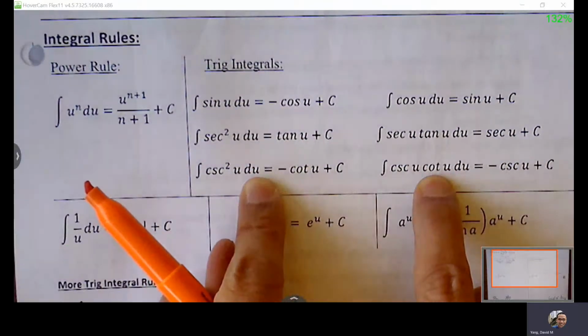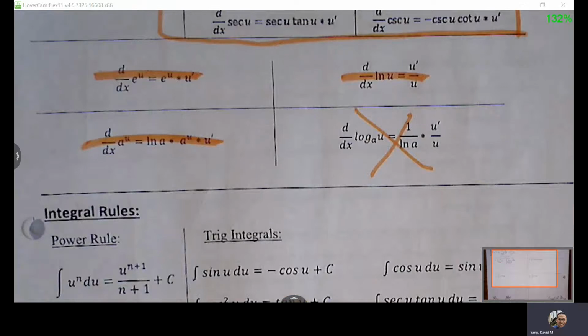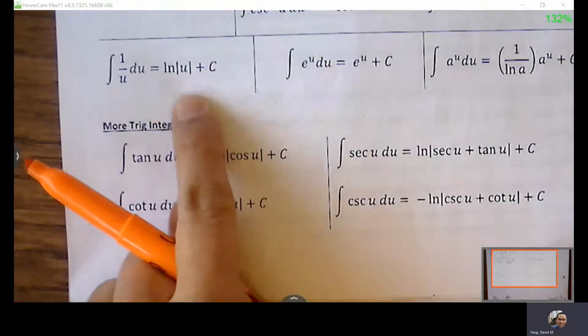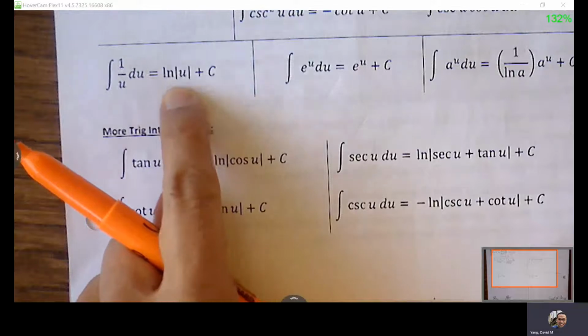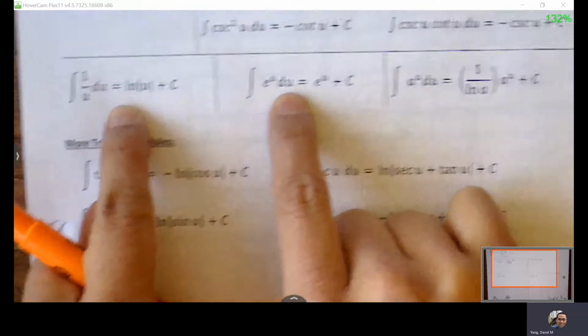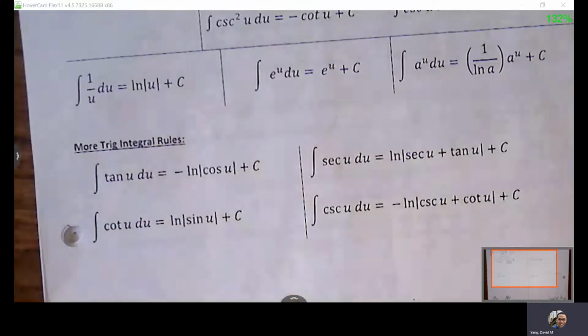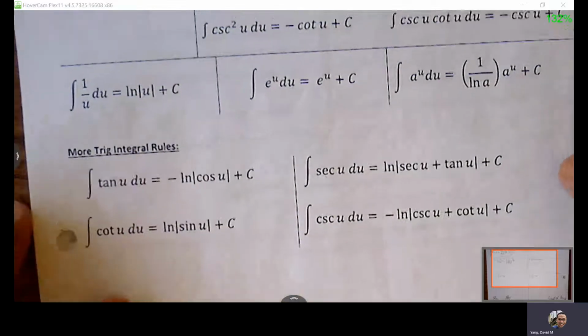But the integral of 1 over u, that's the natural log absolute value of u plus C. Yeah, we gotta know this one. This one we've been going through from 5.2 and 5.4, and this is 5.5. So page 7, those are good rules too. Good page to practice and make sure you know all your rules.